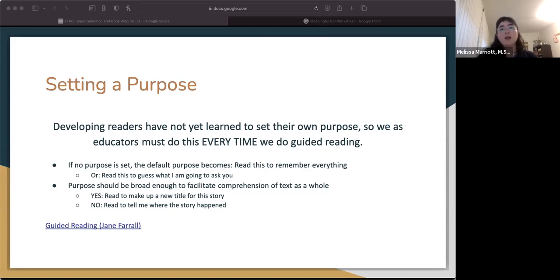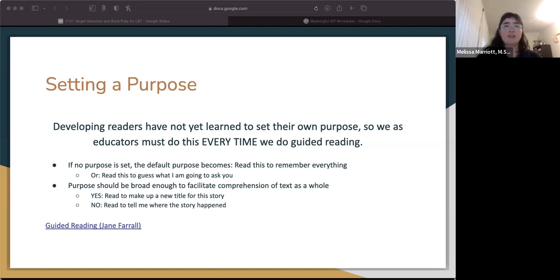And it's something that we want to incorporate into our own reading in order to help facilitate students learning that skill. If there is no purpose set for the reading, it's really easy for that purpose to just become "read this to remember everything." And that's really overwhelming and not super effective, right?